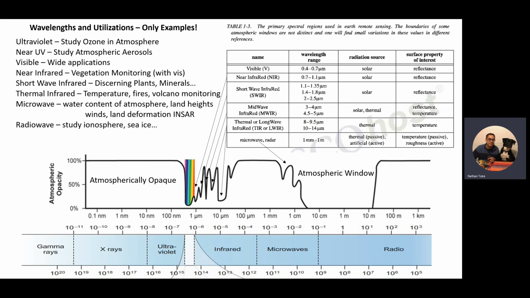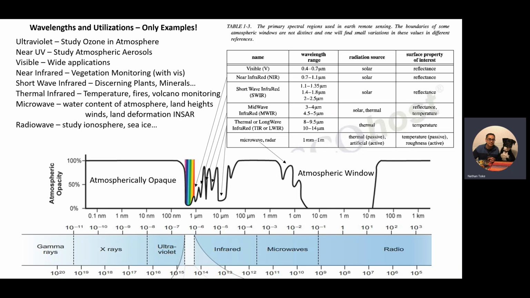So what can we use these different wavelengths for? And these are only examples; there are many other things. Ultraviolet, which is even shorter wave than the visible, we can use to study ozone in the Earth's atmosphere.